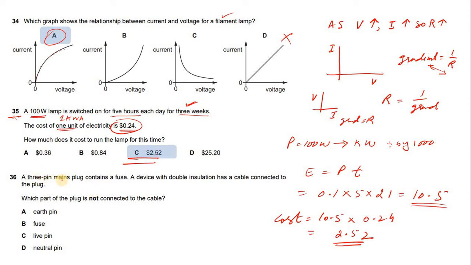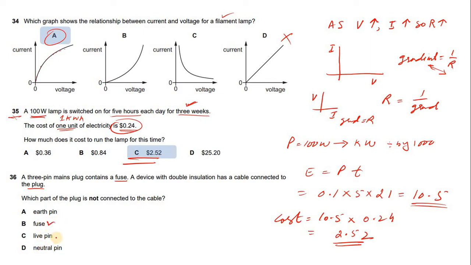A 3-pin mains plug contains a fuse. A device with double insulation has a cable connected to a plug. Which part of the plug is not connected to the cable? Earth pin, fuse, live pin, and neutral pin.